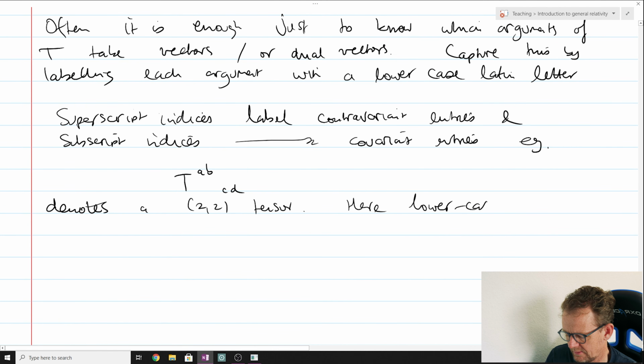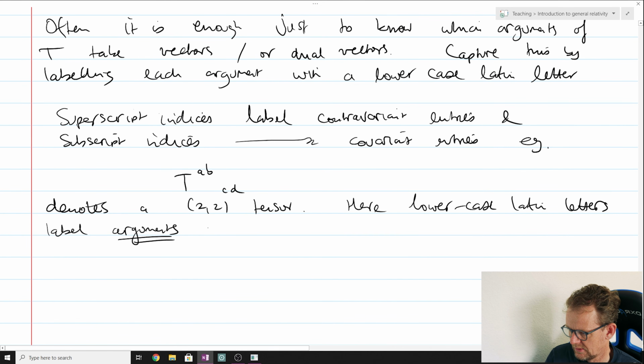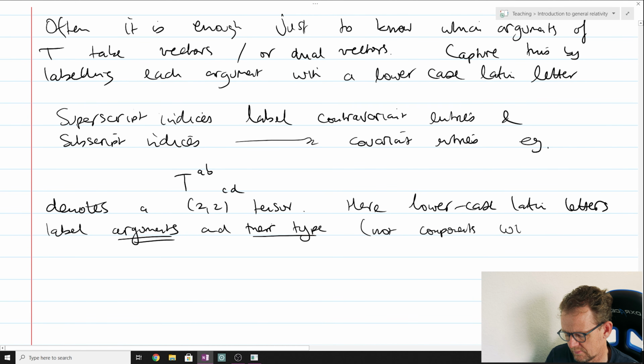So lowercase Latin letters denote, or rather label, arguments and their type, and not components with respect to a basis.